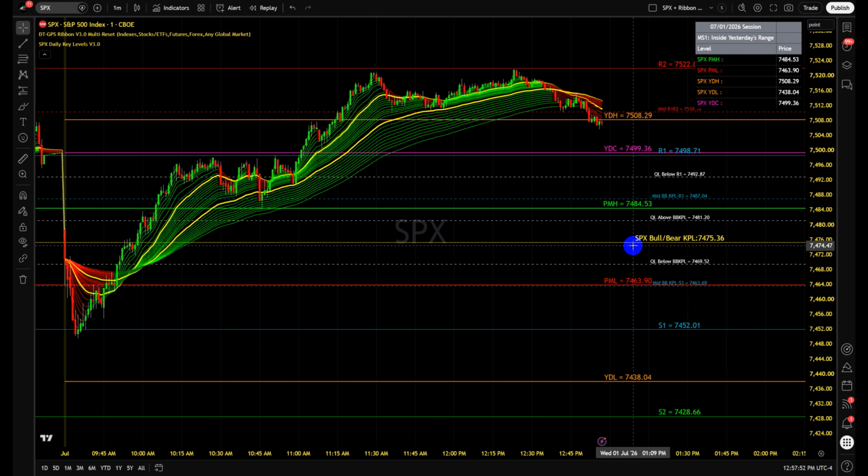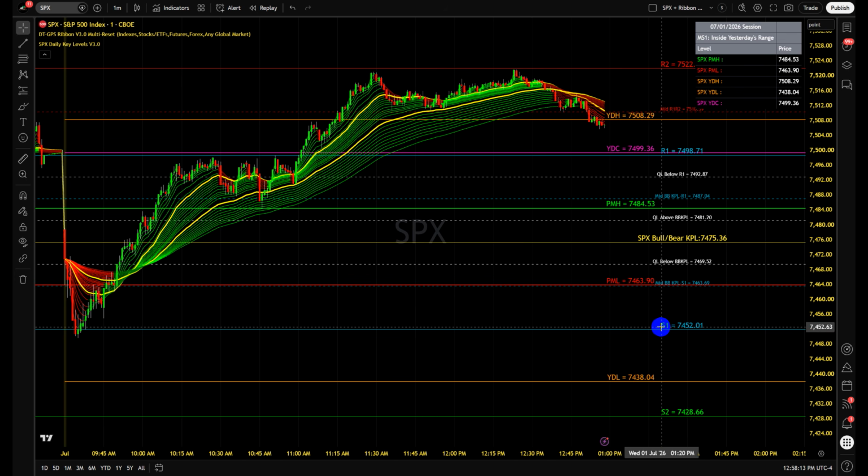Now we also have a micro scalp. A micro scalp means a contextual level that is enough space away from your entry on the level that you're taking the trade on that occurs before the 1-level move. Now in this case, the only contextual level that's before S1 on a bearish move is the PML.